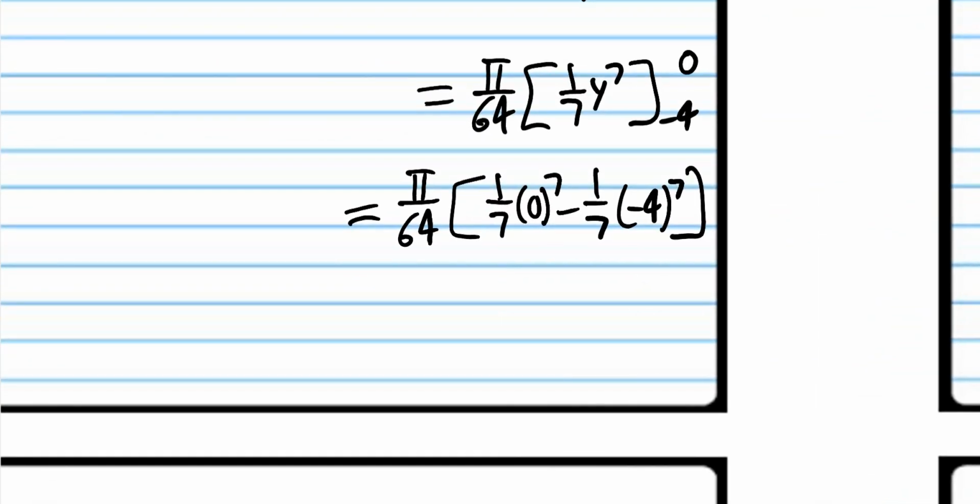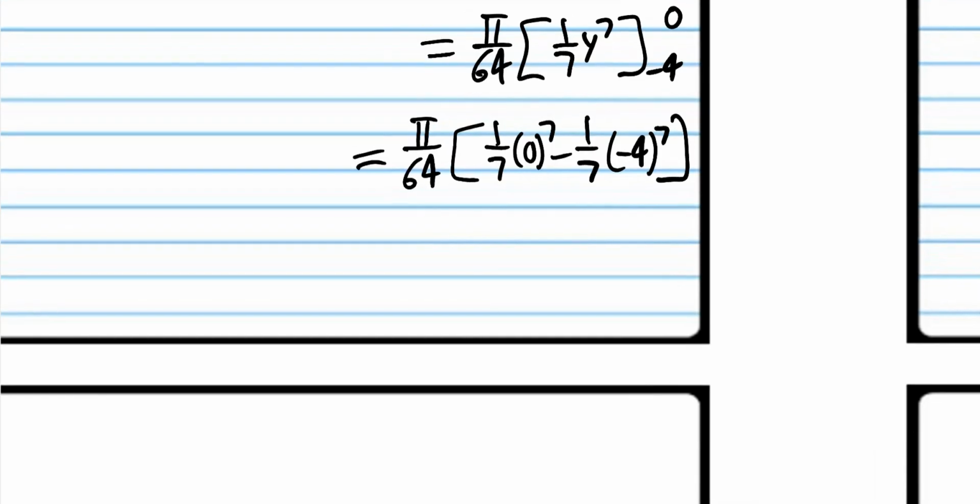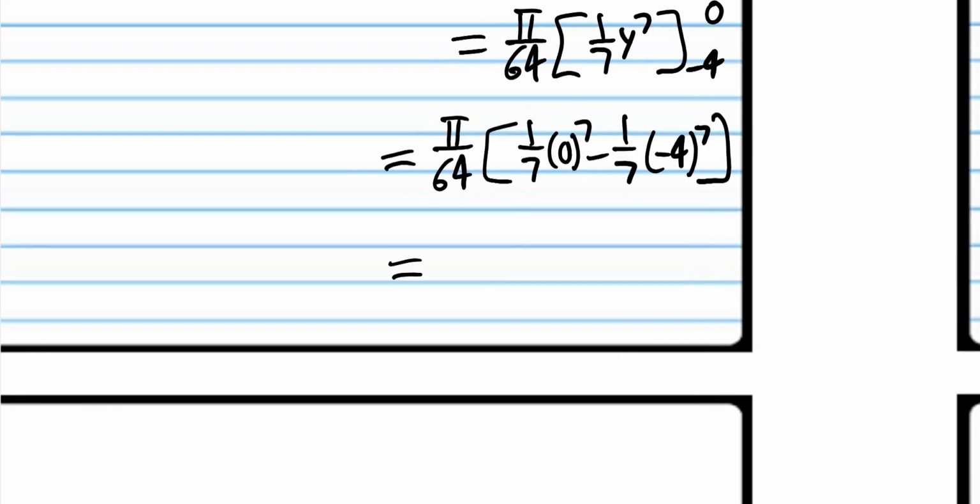So this is going to be kind of a big number. Negative 4 to the 7th power is 16,384. It's going to be negative, but we have a negative here, so that's a double negative, becomes a positive number. So we're left with 16,384 pi over 64.